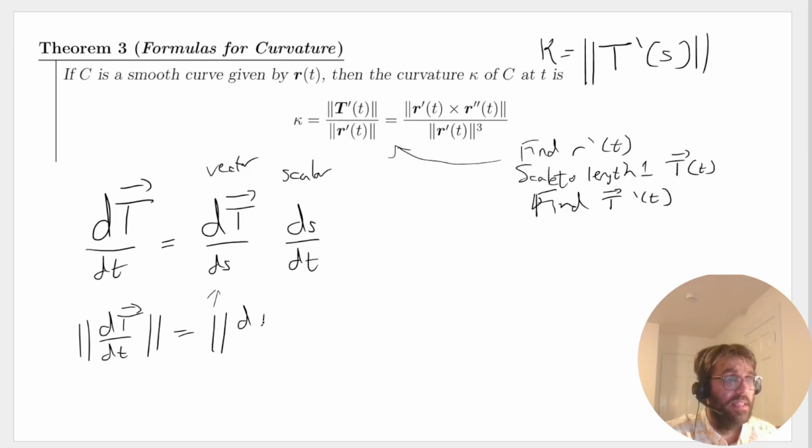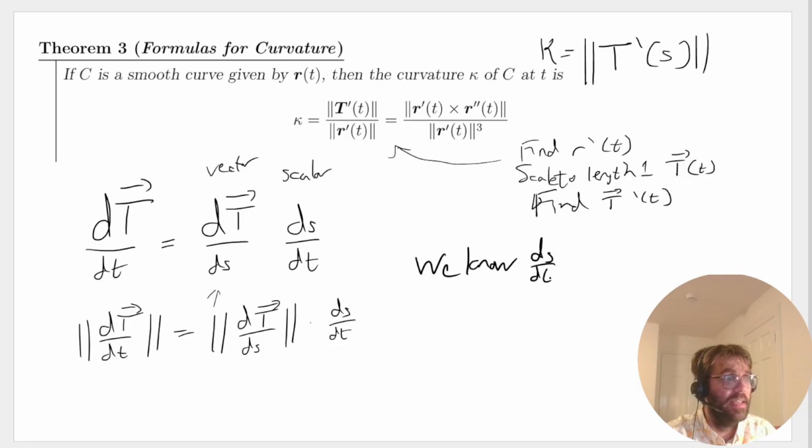So this is going to be the length of dT/ds, that's our goal, times ds/dt, which is actually always positive because it increases. Now, I will point out that we know already that ds/dt is the speed, and so it equals the length of r prime of t.